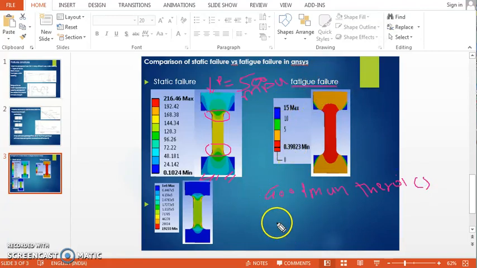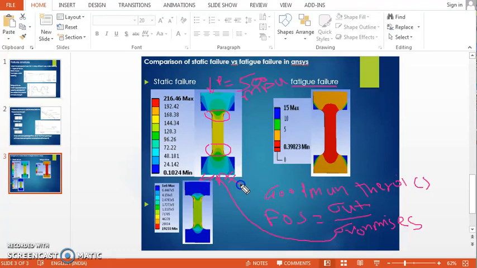And for this fatigue failure we generally see the factor of safety is equal to ultimate upon 1 minus stress.